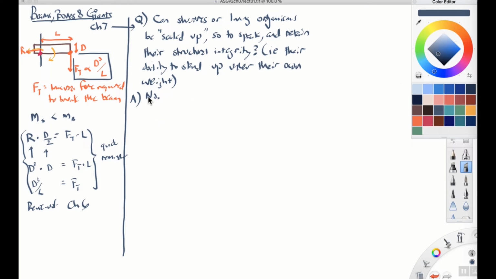Now let's motivate how we know this to be true. Let me give you a simple example that will steer you in the direction of how we're going to answer this question. So consider a beam sticking out of a wall.